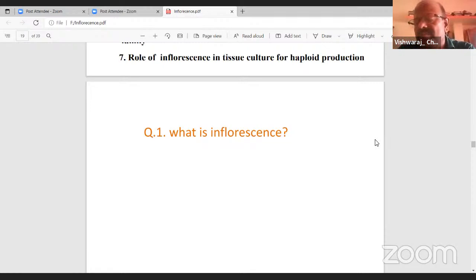Anybody? Do you not understand what is meant by inflorescence?